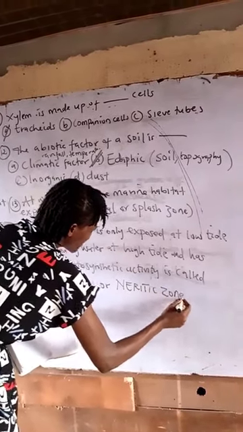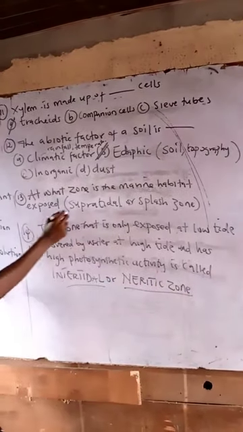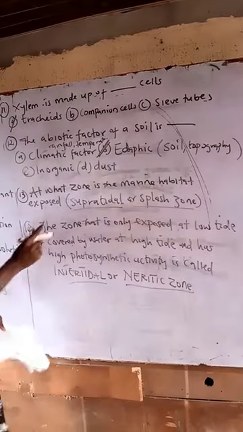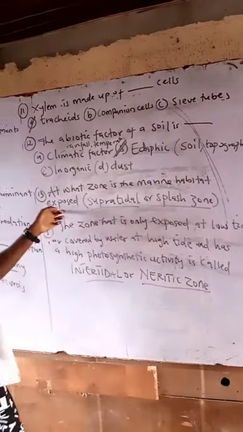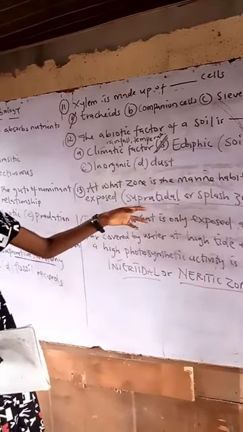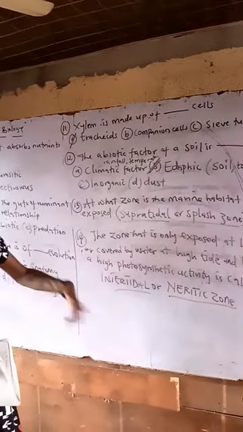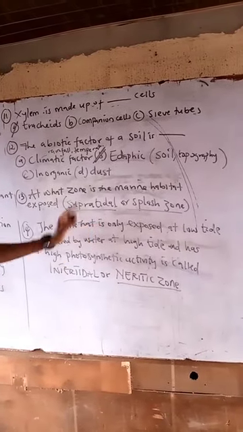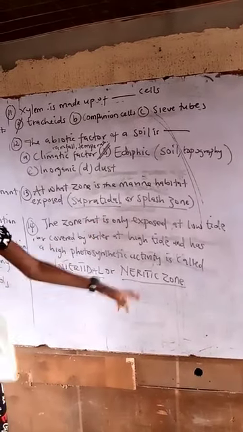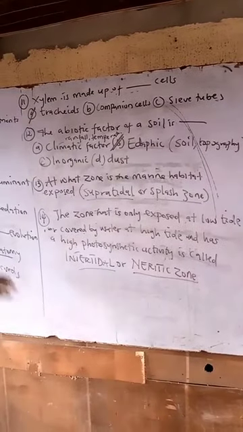Please take note of these differences I'm giving to you here. Based on the question you see, if it says at what zone is a marine habitat exposed, that's the supratidal. Then the zone where there is high photosynthetic activity is called the intertidal or neritic zone. Let's go to the next question.